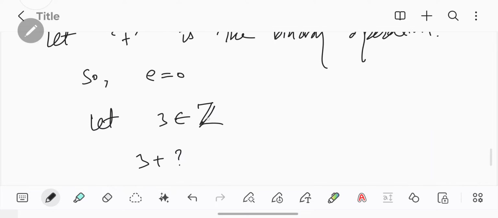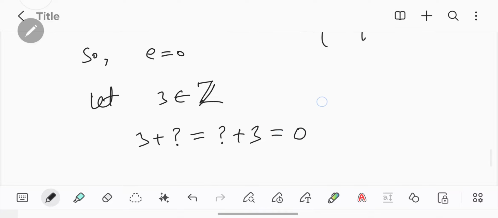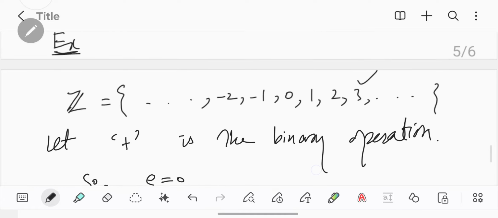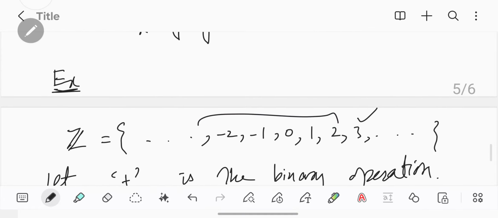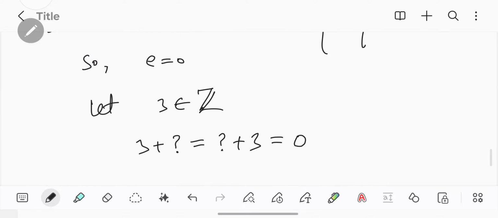Can you find an element in Z? What is that element? I don't know, such that if you add that element to 3, you will get identity, which is 0. So the obvious answer is minus 3. And minus 3 is here because here you have minus 1, minus 2, minus 3, right? So the obvious answer is minus 3.